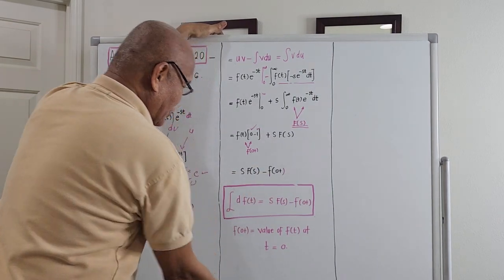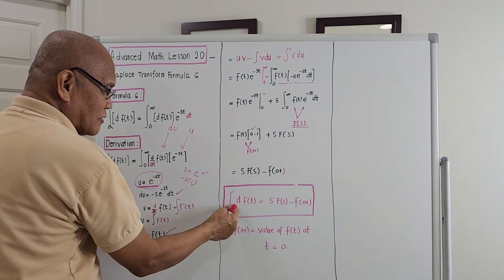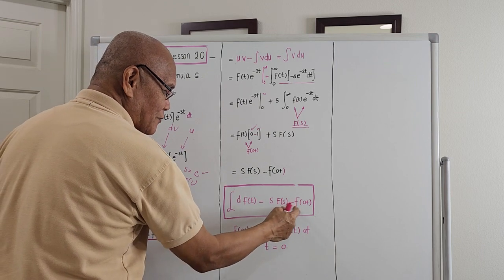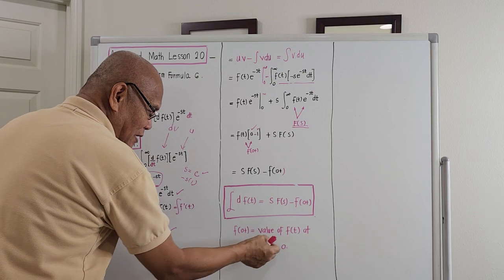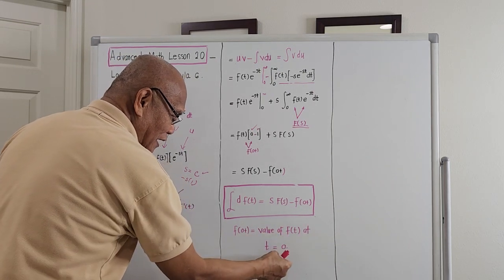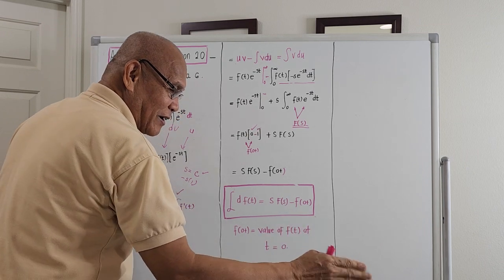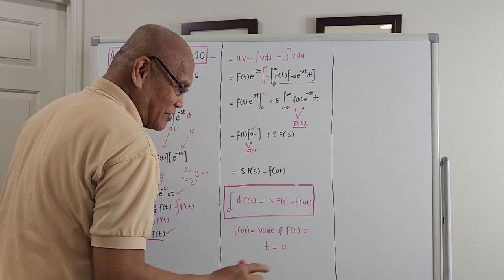So formula number 6 now. The Laplace transform of the differential of function of t will be s F(s) minus f sub 0 plus, where f sub 0 plus is the value of function of t at time t equal to 0. We neglect already the time t equal to infinity because the value is actually 0.